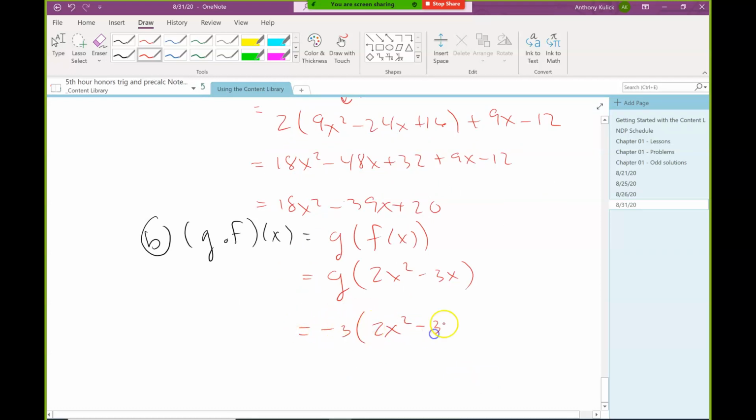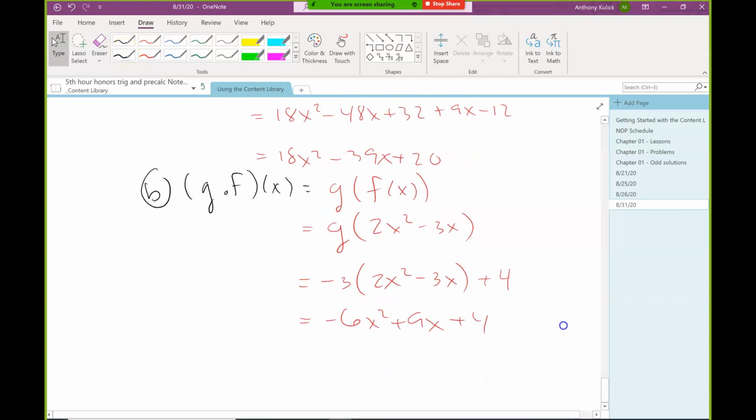And everywhere there was an x, I'm going to replace it with that expression inside the parenthesis. So we'll just distribute that negative 3. And then there's no more like terms to combine. So we're done.